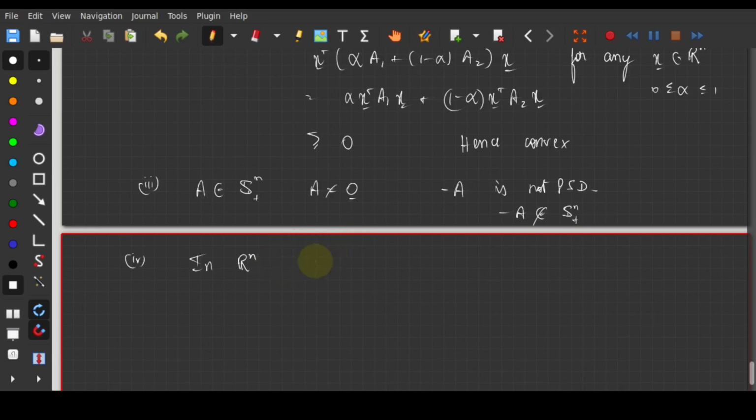So in Rn, the ball is basically the set of all x in Rn such that the 2 norm, let's say square, is less than or equal to r square.